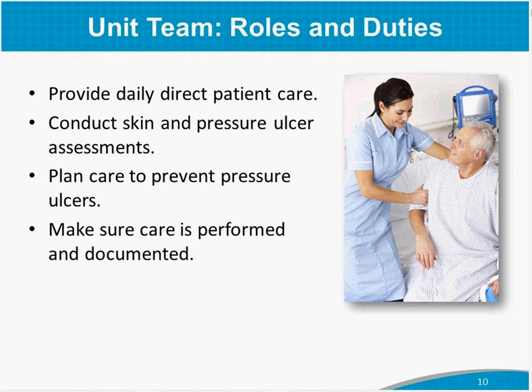They will actually be implementing the interdisciplinary plan of care to prevent pressure ulcers. We'll talk about that in more detail in another webinar. But remember that you need to address any factors that the patient may present with. So it's not just about the overall score, it also is any risk factors.